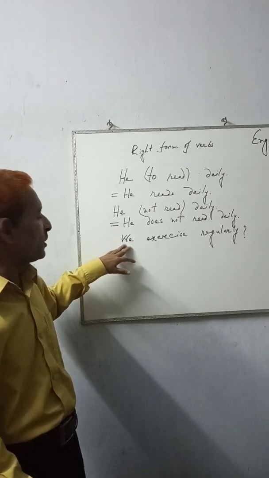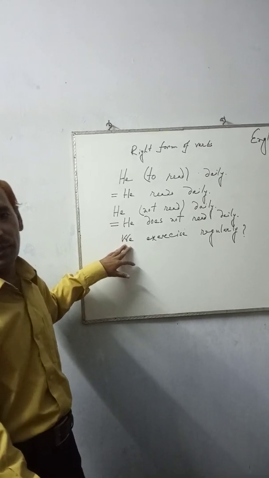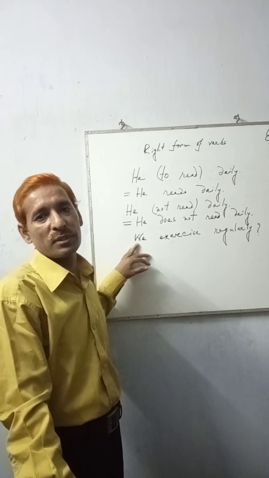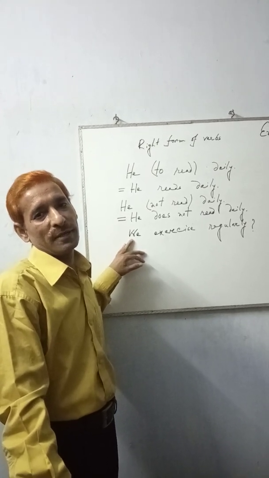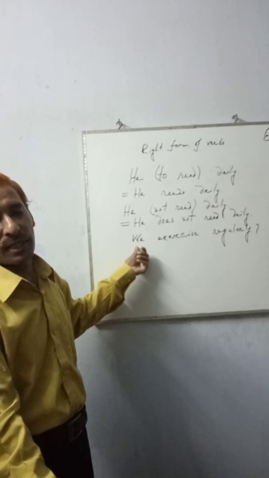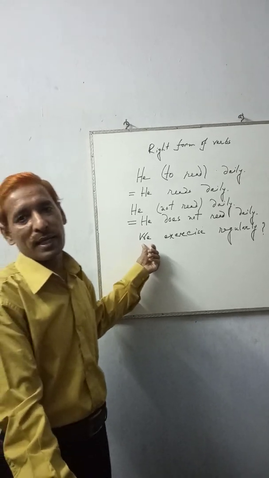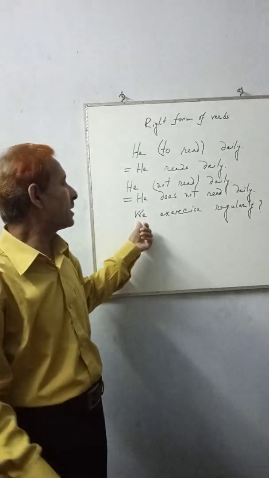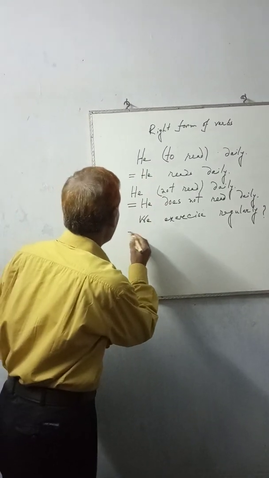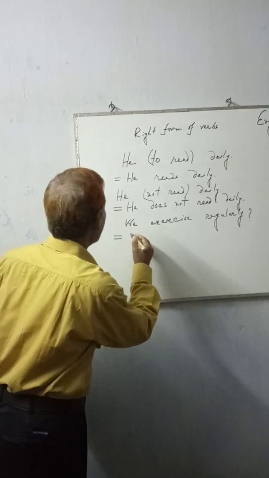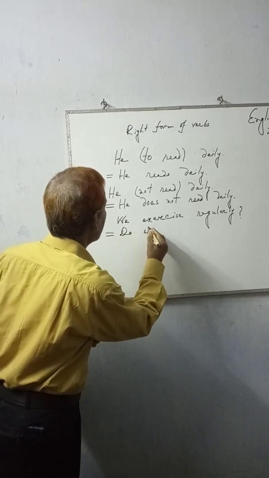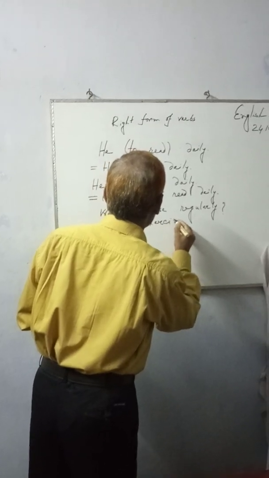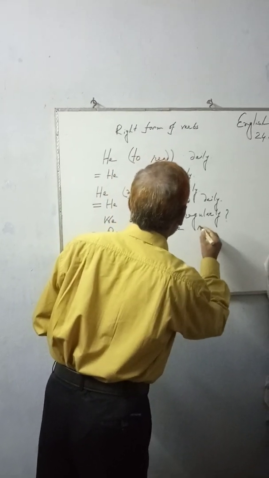Before first person, second person, or any kind of plural subject, we use do. I repeat, before first person, second person, or any kind of plural subject, we use do. According to the rule, we can write do we exercise regularly?